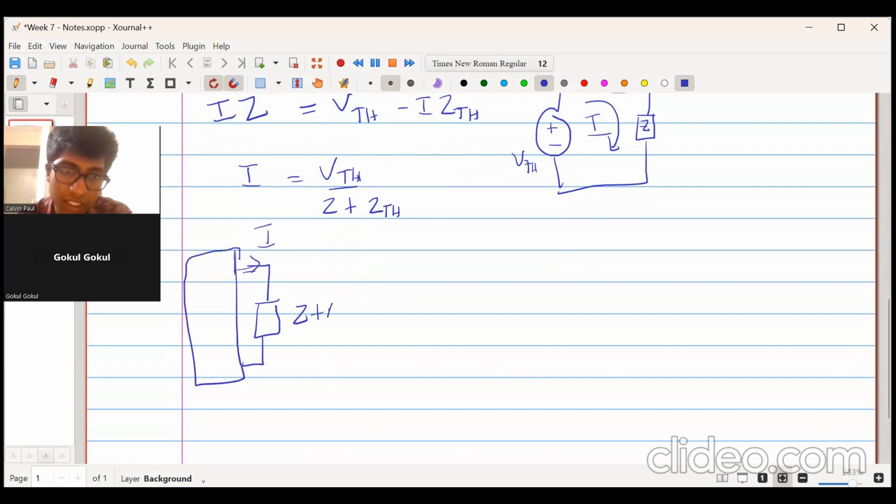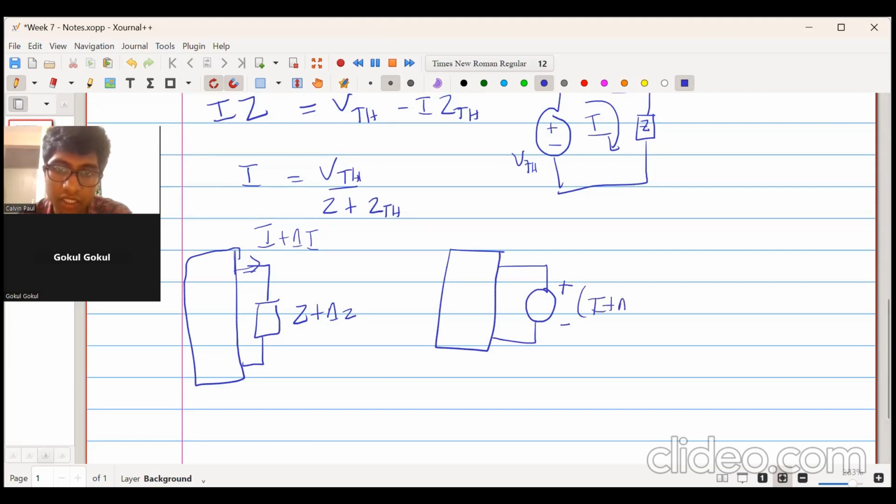Now Z has become Z plus delta Z, I has become I plus delta I. So we replace Z plus delta Z by a voltage source, which is I plus delta I into Z plus delta Z.